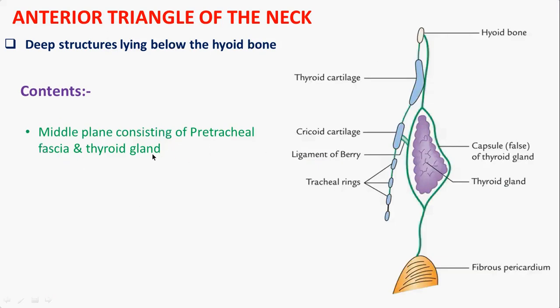Middle plane consisting of the pretracheal fascia and the thyroid gland. Here you can see this pretracheal fascia, which is in the form of one ligament, the ligament of Berry, and that is attached to the capsule of the thyroid gland.